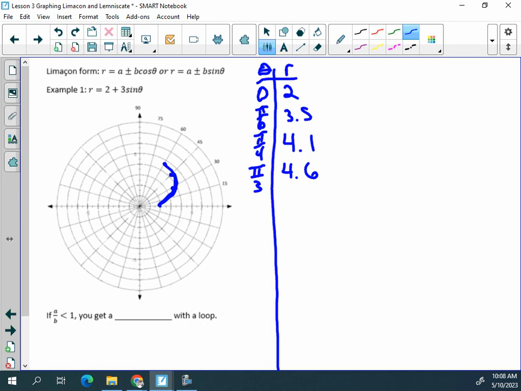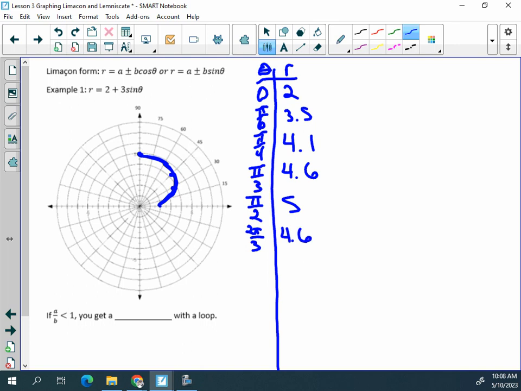Okay, and then at pi over 2, sine of pi over 2 is 1, times 3 is 3, plus 2 is 5. So pi over 2, 5. So there we have half of our curve here. And then we'll just continue. So 2 pi over 3. Again, the sine of 2 pi over 3 is the same as pi over 3, which is root 3 over 2 times 3 plus 2 will get you 4.6.